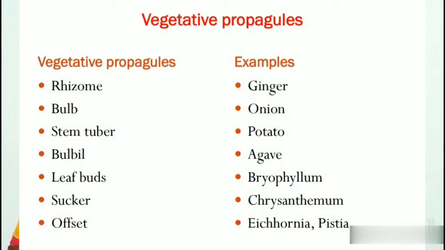The fourth one is the sucker. Example: chrysanthemum. The fifth one is bulb. Example: onion. The sixth one is offset. Examples: pistia and eichhornia. The next is the leaf bud. Example: bryophyllum. And the last one is bulbil. Example is agave.